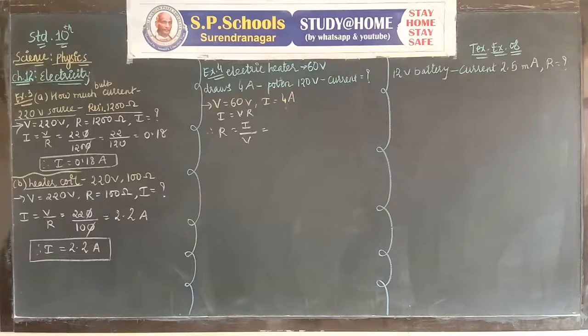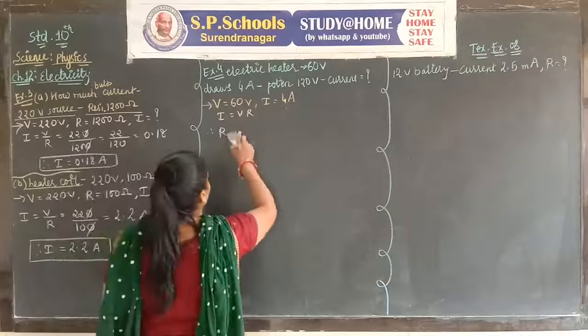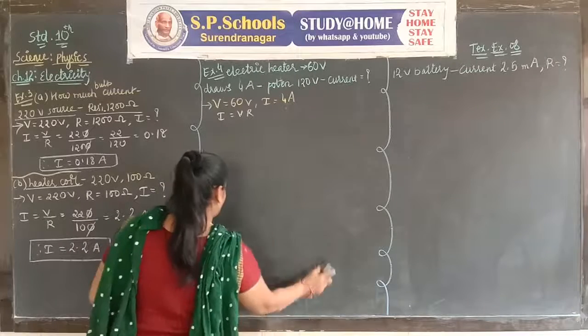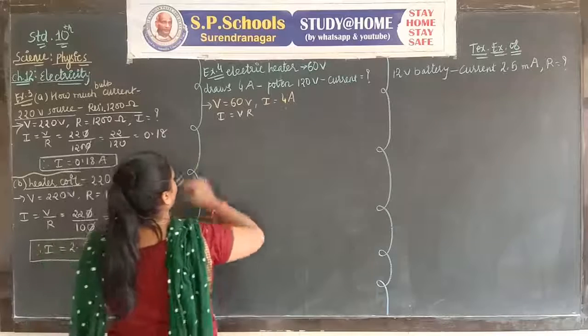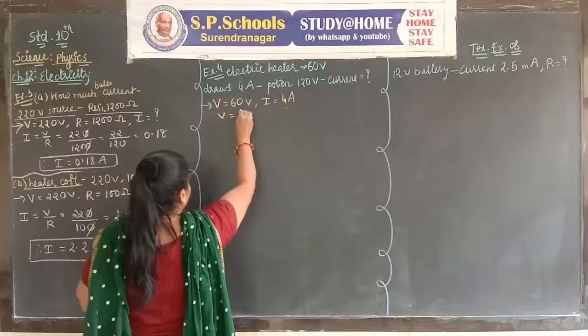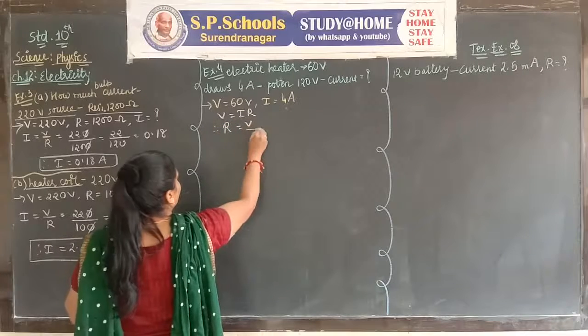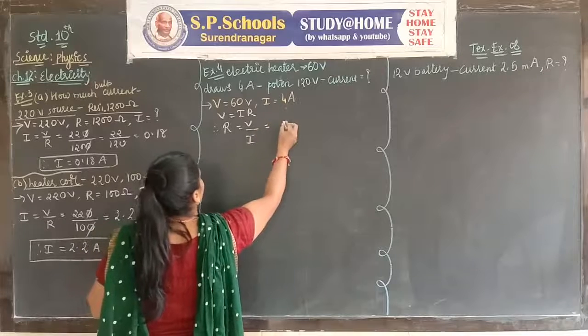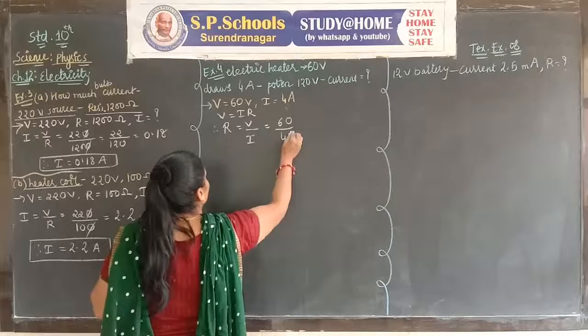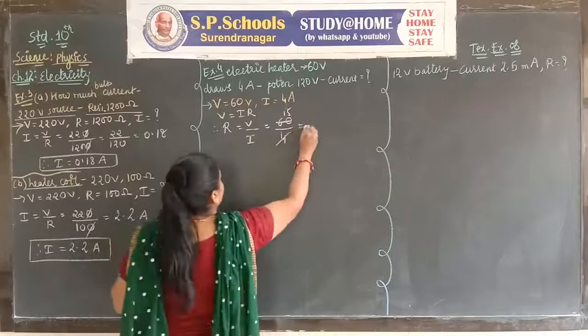When we find the resistance, from V is equal to IR, the resistance is equal to V upon I. So V is 60, I is 4, 15 fours are 60, so R is equal to 15.